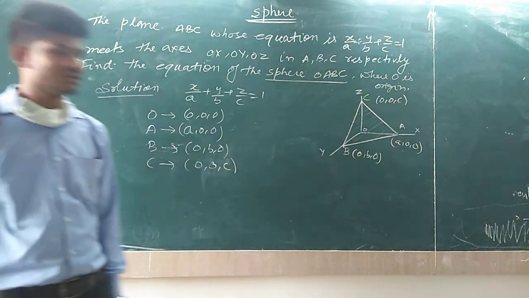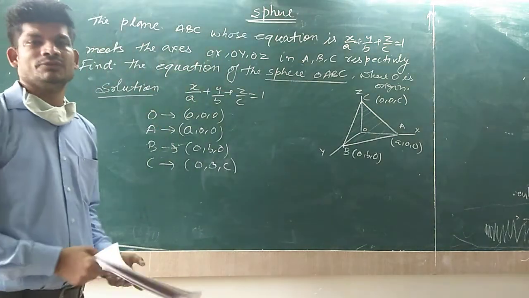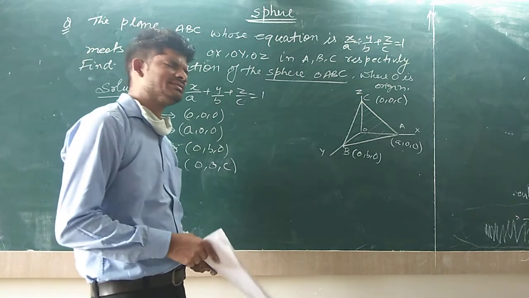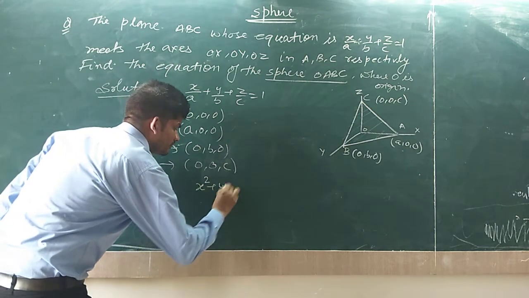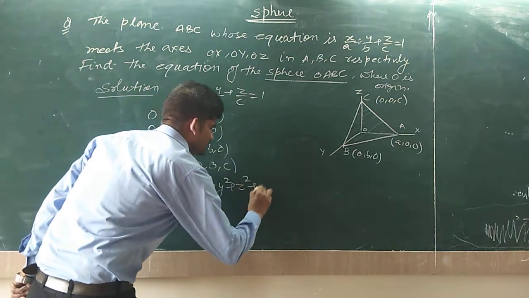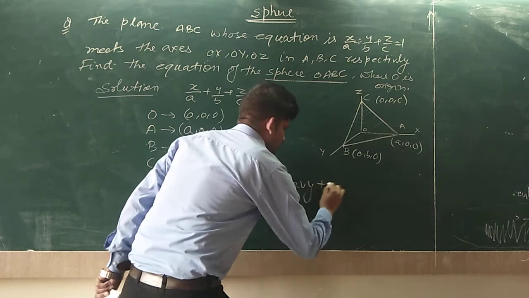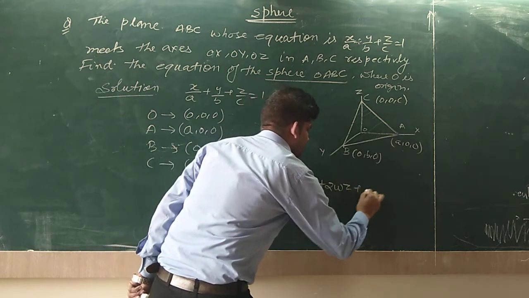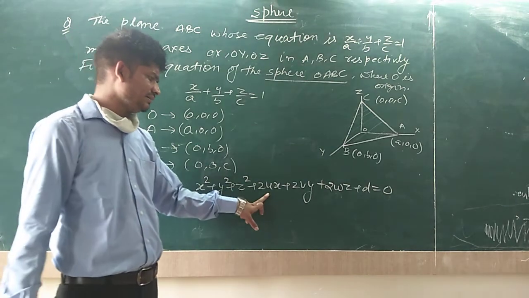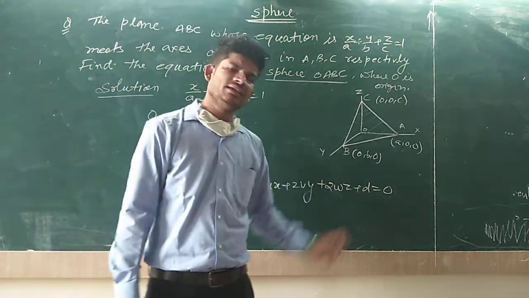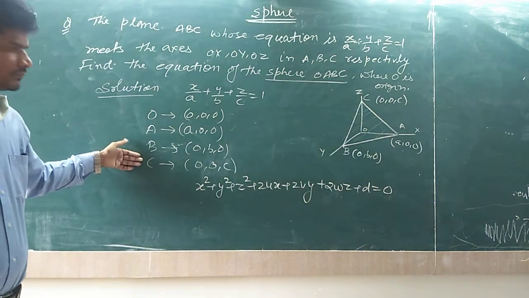The equation of the sphere passing through the 4 points, using the general equation x square plus y square plus z square plus 2ux plus 2vy plus 2wz plus d equal to 0. Then we find u, v, w, d using the 4 points.